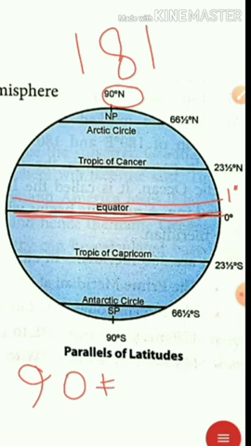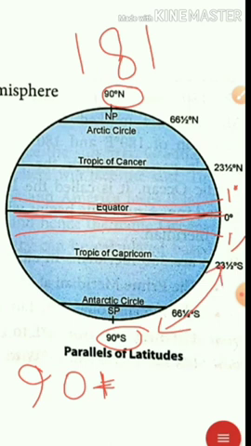So 90 plus. From 1 degree south to 90 degrees south, in this area there are also 90 latitudes.